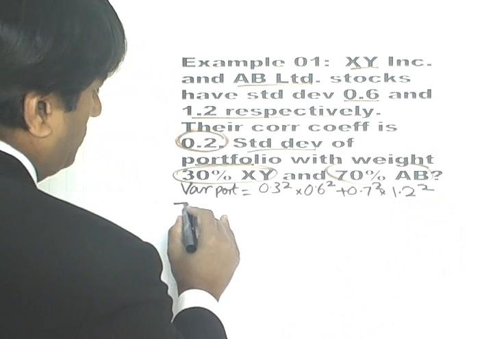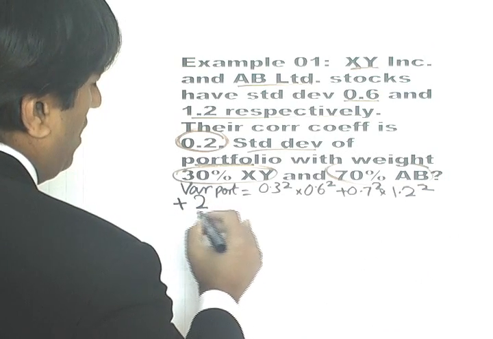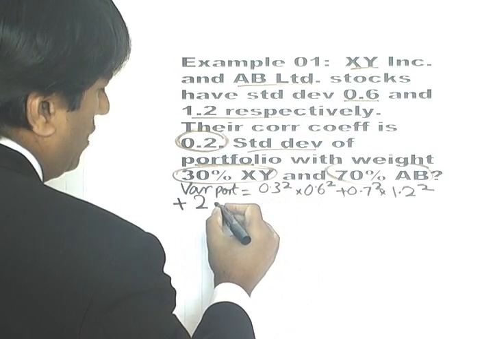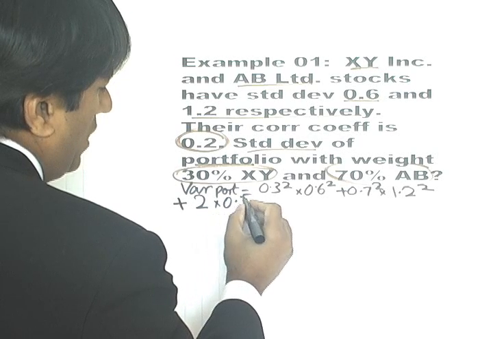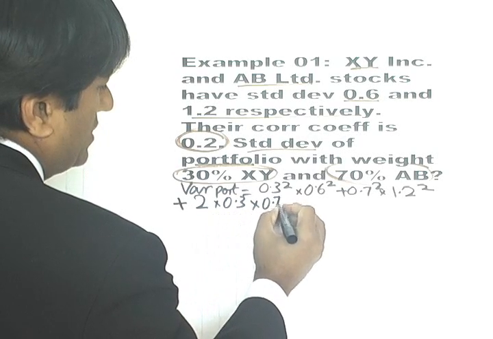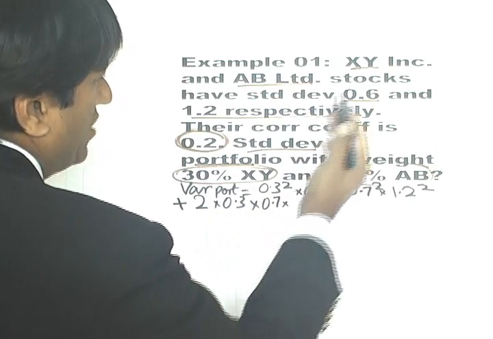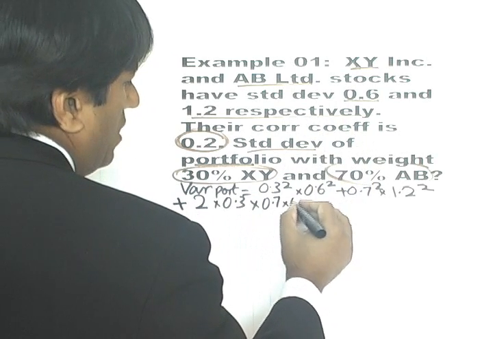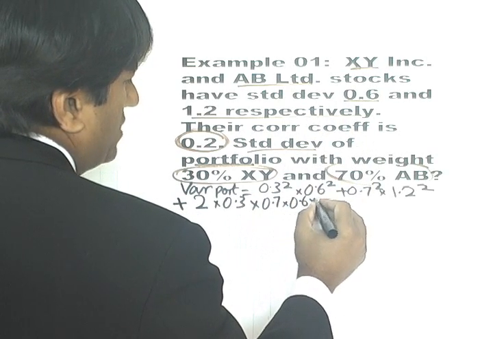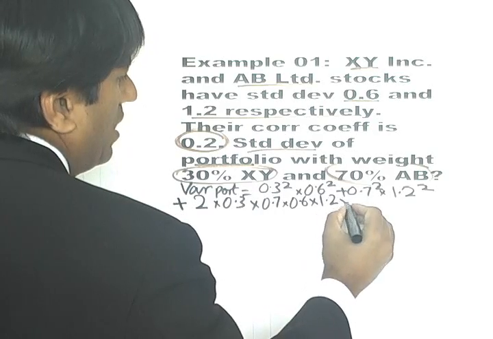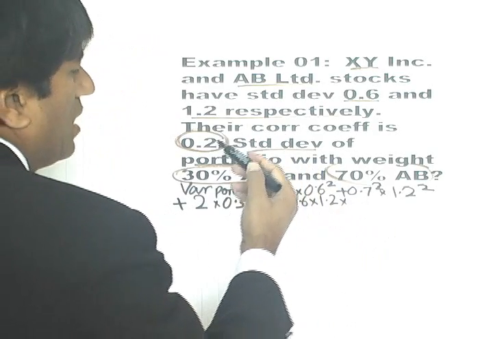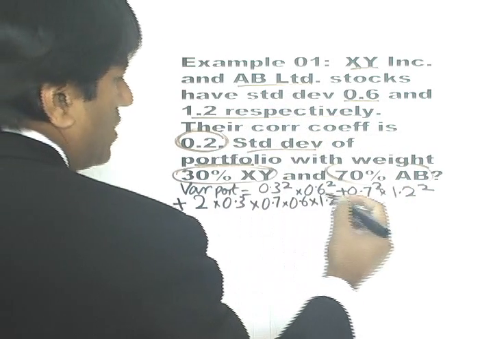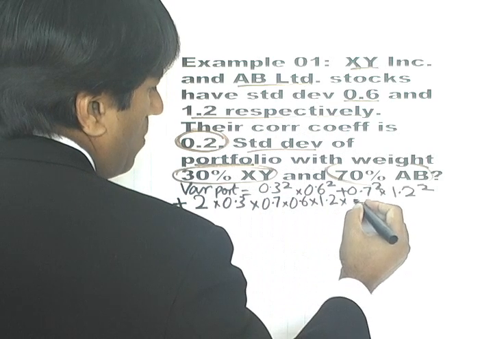plus twice into the weight of the first asset into the weight of the second asset. So that will be 0.3 into 0.7 into the standard deviation of the first asset into the standard deviation of the second asset. So that will be 0.6 into 1.2 multiplied by the correlation coefficient of the two assets, which is 0.2.